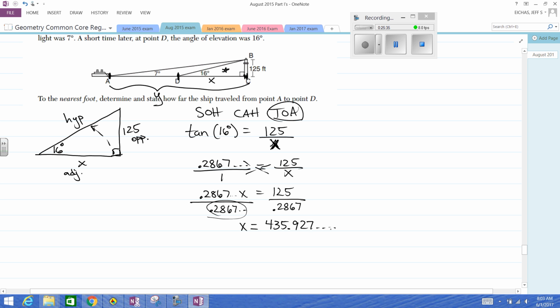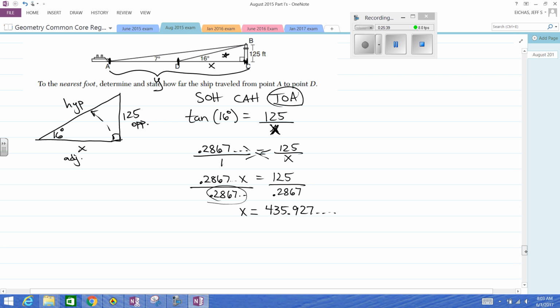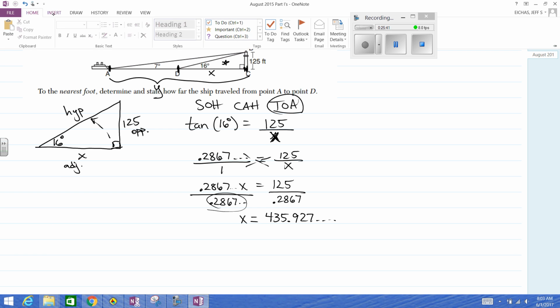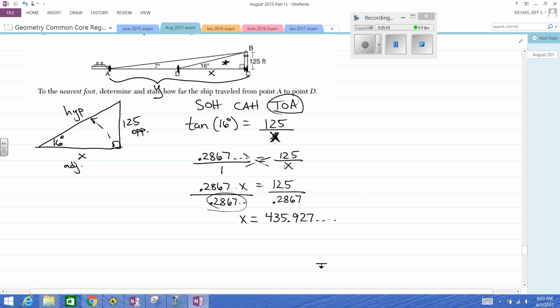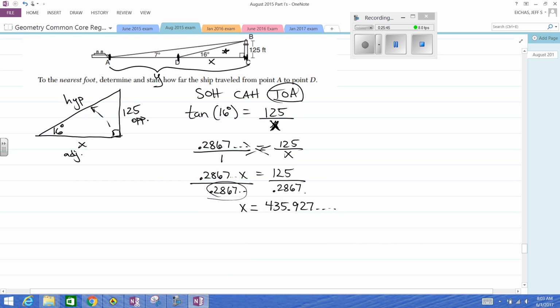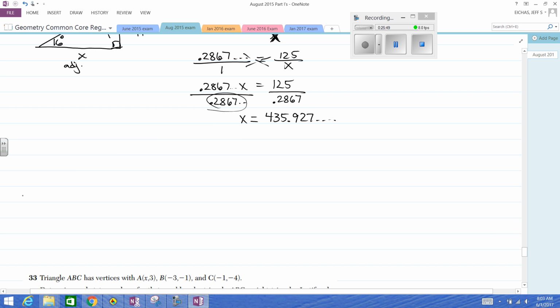Now I've got to go get y. What I'm going to do is create another triangle. I'm going to just focus on this big triangle. This time it's still got the 125, but it's got a 7-degree angle now. Same deal.